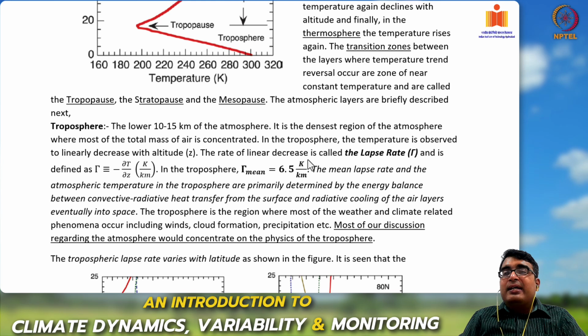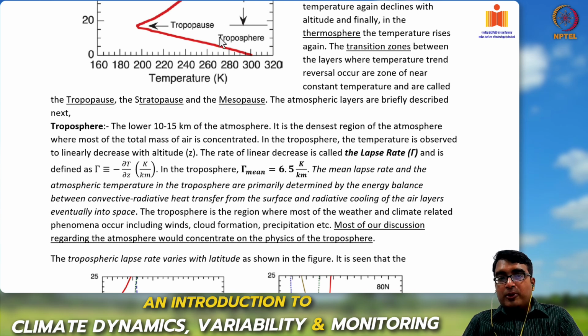Now, why does the temperature decrease? We will explain this in further detail as we go along in our class, but primarily it is determined by the energy balance between the convective and radiative heat transfer from the surface and the radiative cooling of the air layers into space.